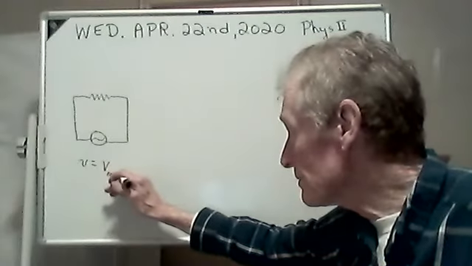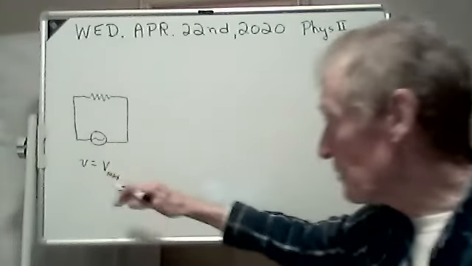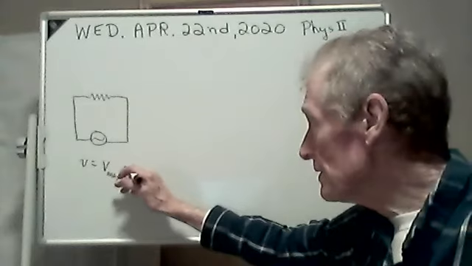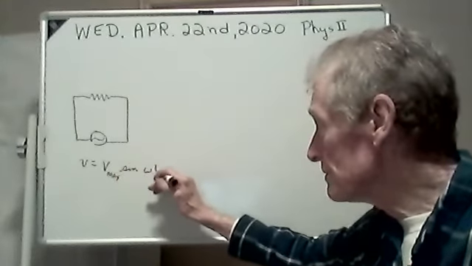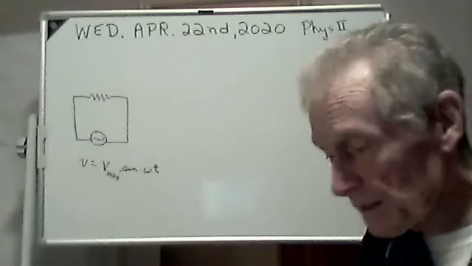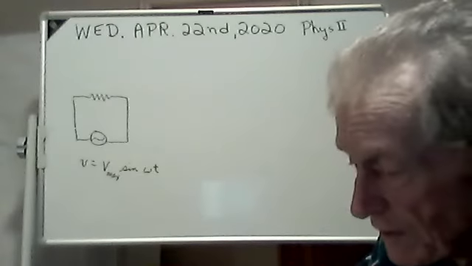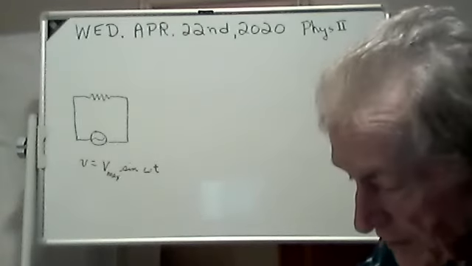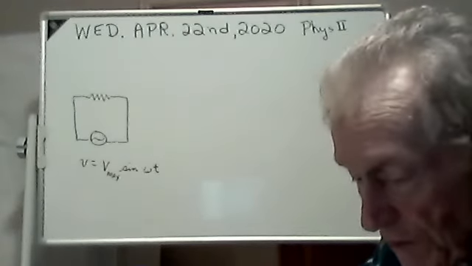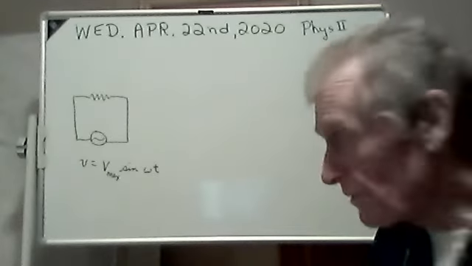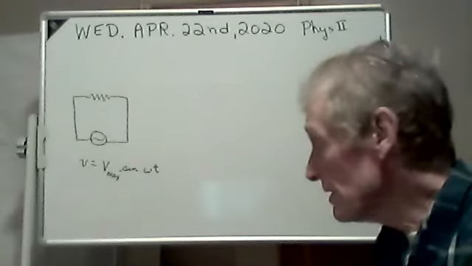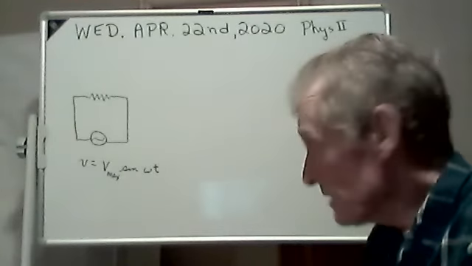You could put maximum on there if you wanted to. And it's a sinusoidal voltage. For this, omega is an angular velocity. Your book sometimes calls it an angular frequency, but I really prefer the term angular velocity because it's radians per second.